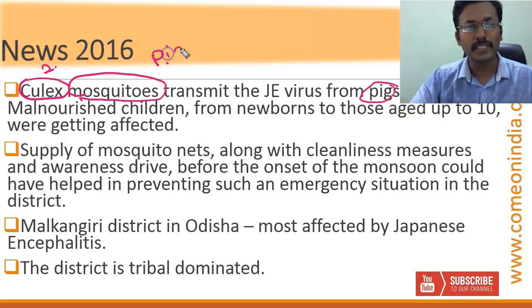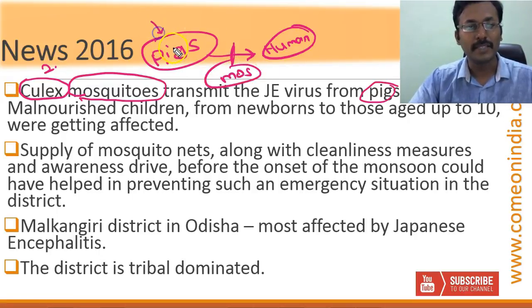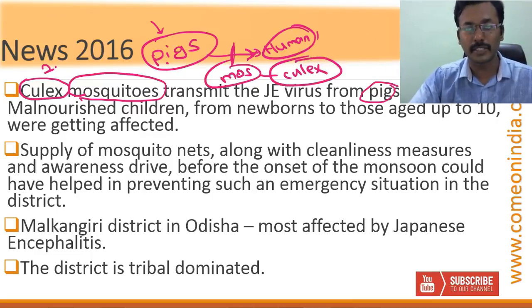So pigs play an important role in spreading the virus from pigs to human beings. Here mosquito acts as a transmitter. Virus gets amplified in the pig, then it is transmitted to human beings via mosquito. The name of the mosquito is Culex mosquito.